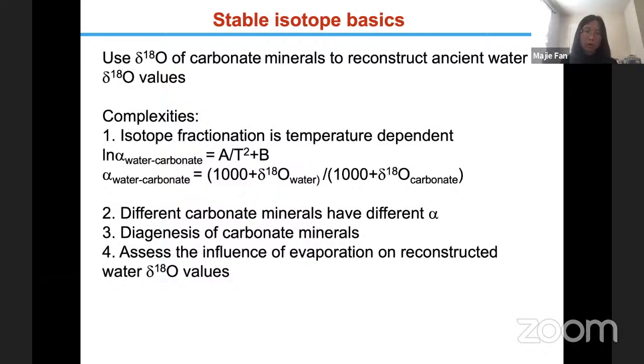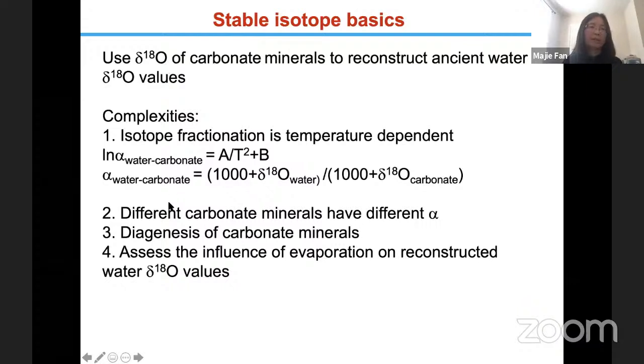So we are interested in using stable isotopes to look into the ancient record of monsoon. In the ancient record, the water has long been gone. So what we're going to do is use the delta 18O value of the carbonate minerals to reconstruct the ancient water delta 18O value, and from there look into the climate element.